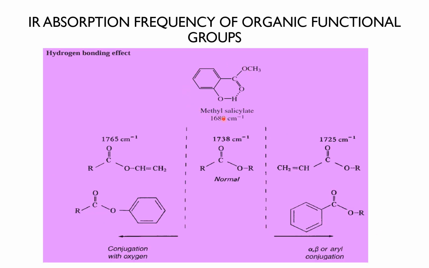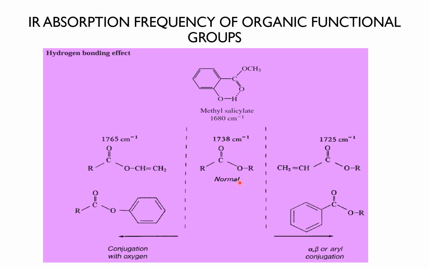As I explained earlier, if there is intramolecular hydrogen bonding, then the carbonyl stretching frequency declines. So for example, methyl salicylate, whose value is 1680 centimeter inverse. So you can remember that for a normal ester, the value is in the range of 1738 centimeter inverse.